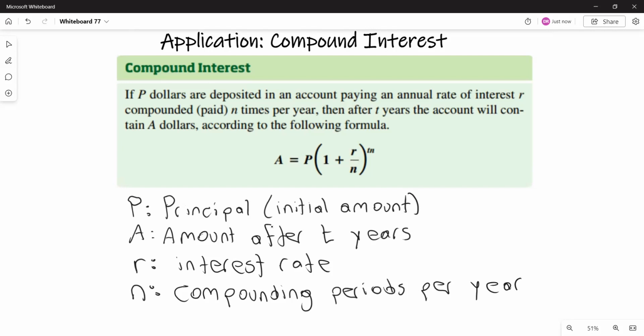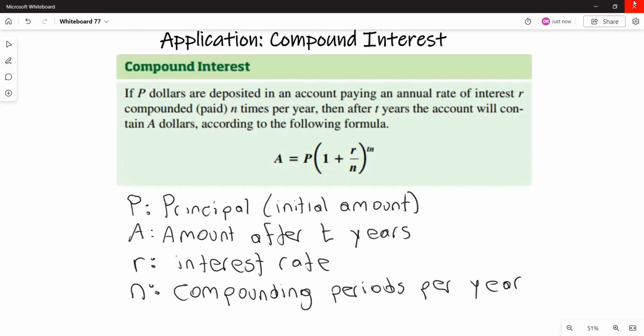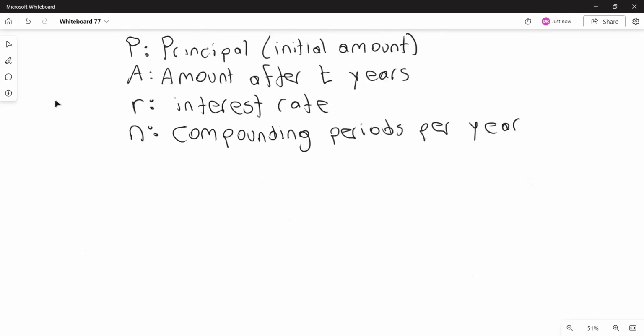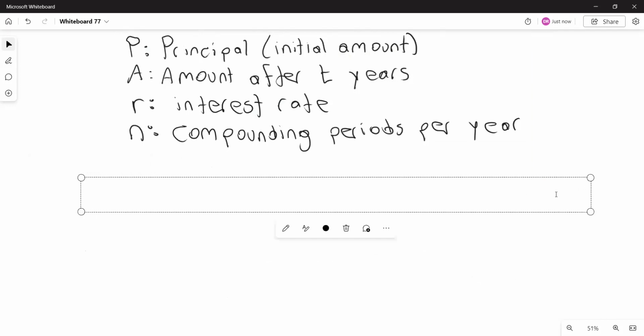Okay, so let's suppose this example is not in the book. I'm going to type it. Here's an example that is not in the book.